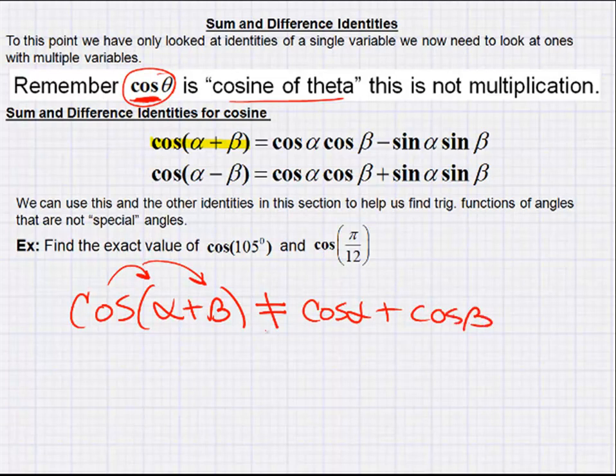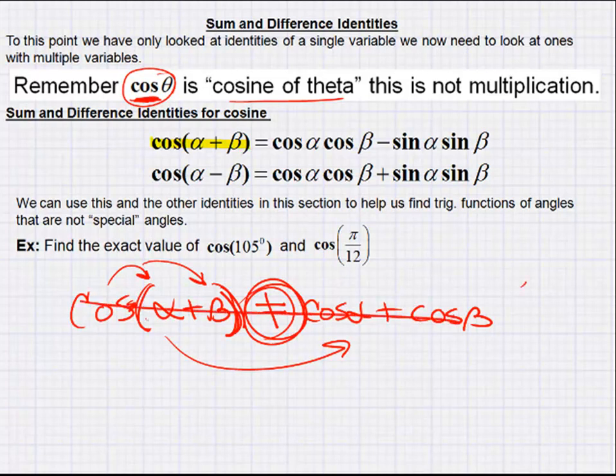These are not equal, because this is the cosine of this sum. If you could do this, a lot of things with trigonometry would be a heck of a lot easier, but you can't. However, there is a way to do it without doing this.